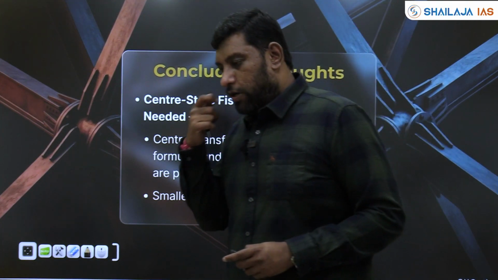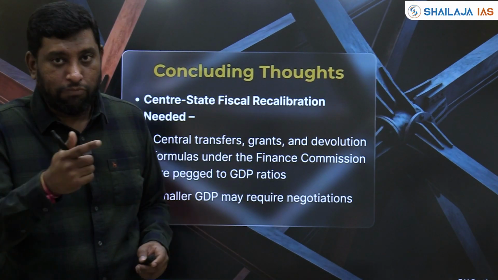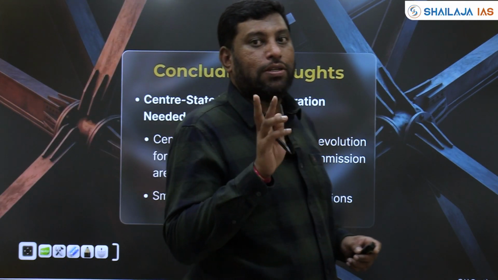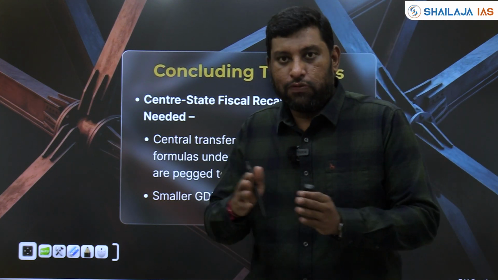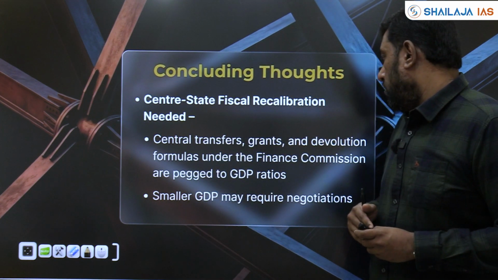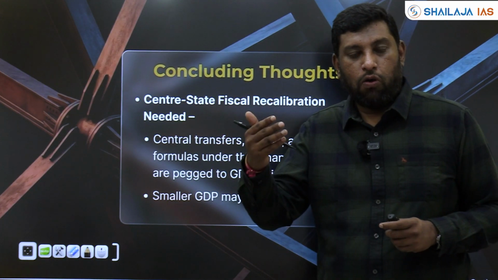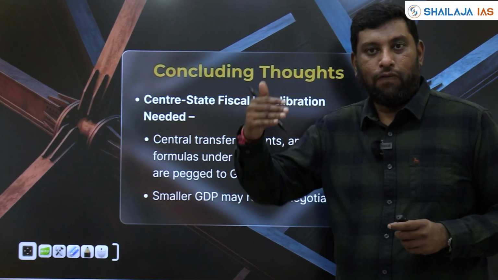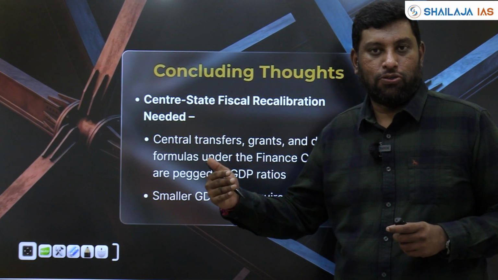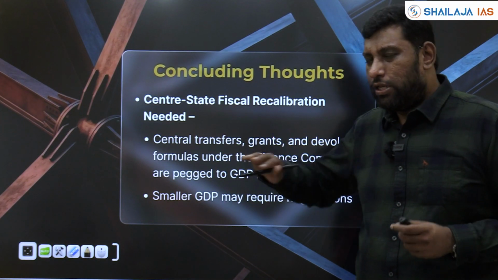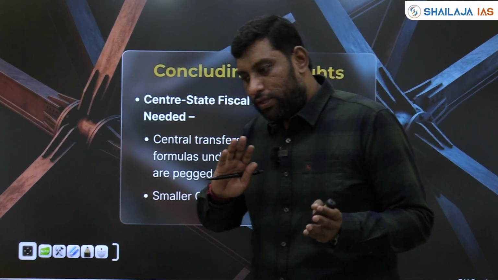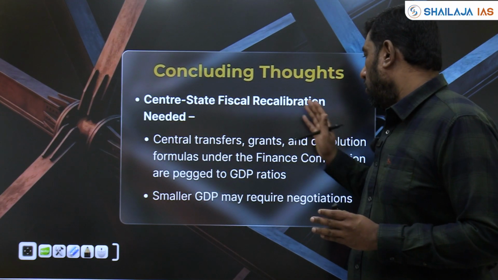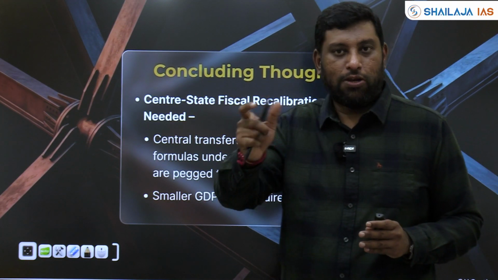Now, the major aspect, or the political implication, of this GDP is center and state financial relations. All your central transfers, grants or devolution formulas used to be pegged or linked to your GDP ratios. So now that the GDP is going to be slightly altered, these grants, devolutions or transfers are also going to get altered.